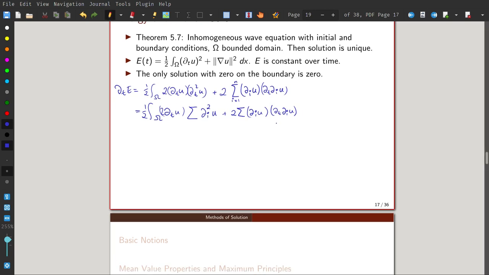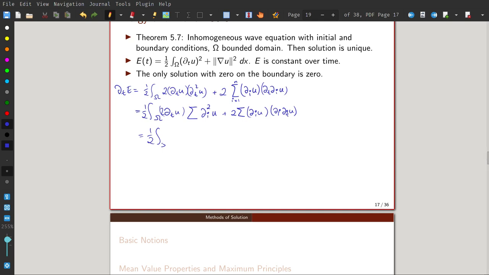And then in the next, and I would say almost final step, what we should do is reverse the order of these partial derivatives so that it's i and then t. And then for each of these terms, we should apply integration by parts or partial integration to move this derivative with respect to i onto the other term.